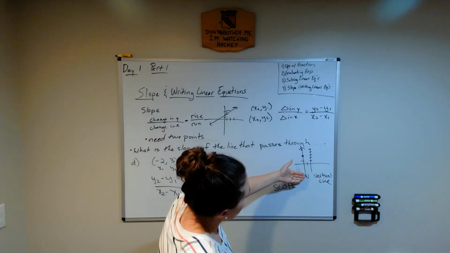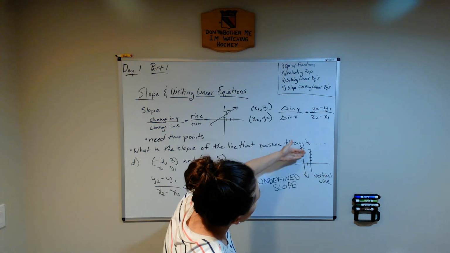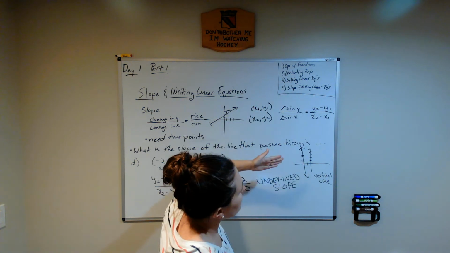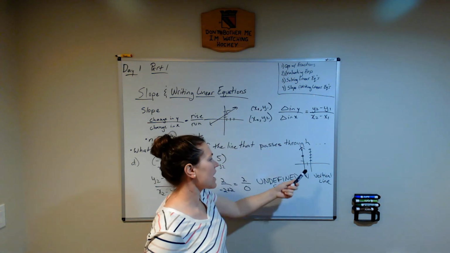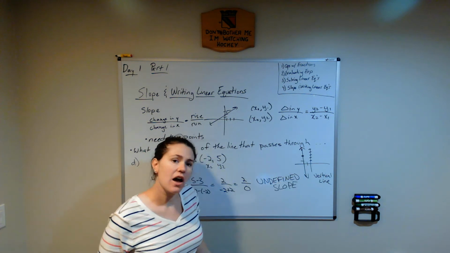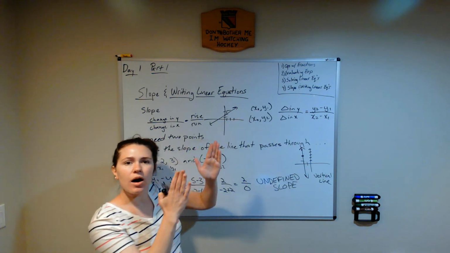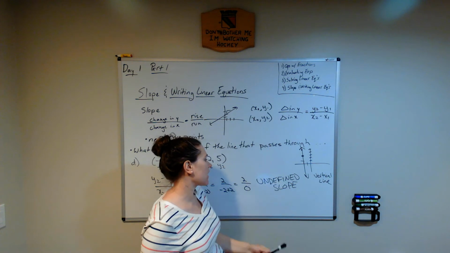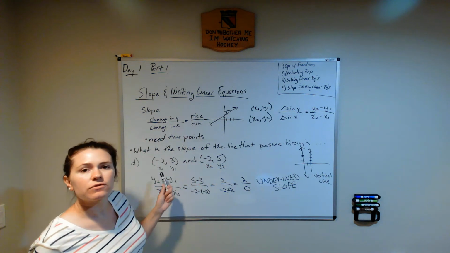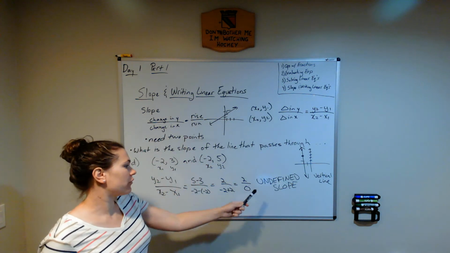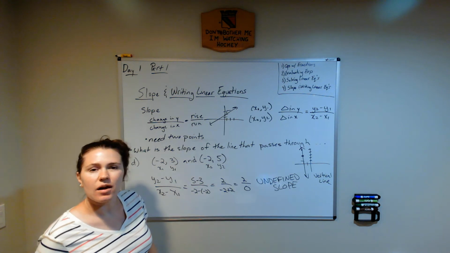If you notice, y is going up infinitely and it is never moving over at all. So you can't calculate the slope because you just have a vertical line that moves up and never moves over horizontally. Algebraically, how did you find that the slope of the line is undefined? You have a denominator of 0.